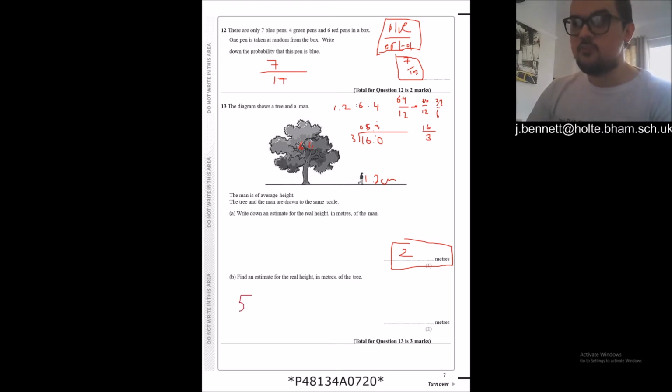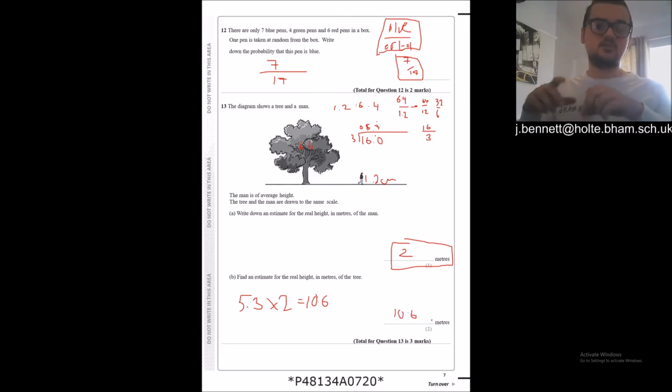5.3 times our 2 meters gives us 10.6. We're going to put 10.6 meters here. Now that is correct, because we're within the range that the answer gives us.